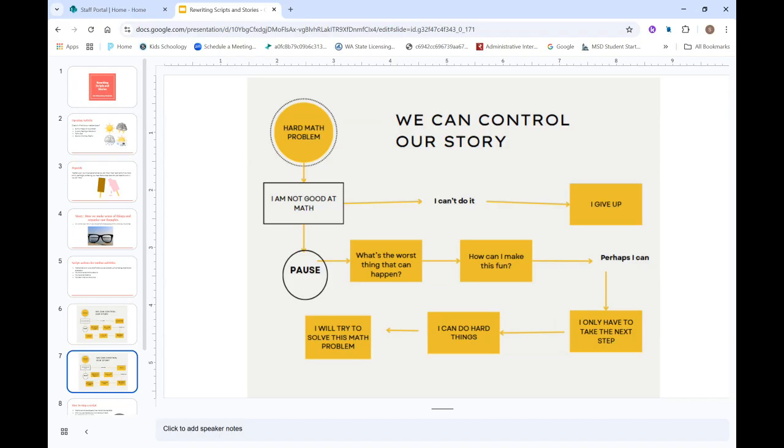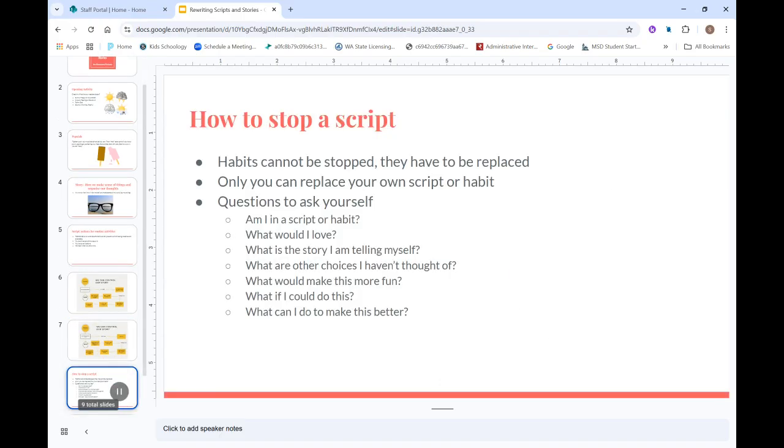Then maybe I will try the first step. Hey, I solved this first part, so I can do hard things. And maybe our thinking can shift to, I will try to solve this math problem now. So we can control our story by just pausing.